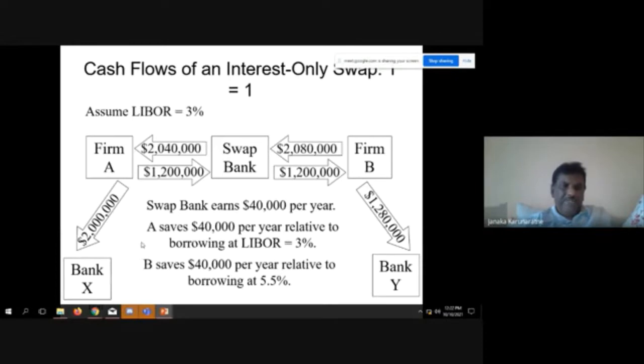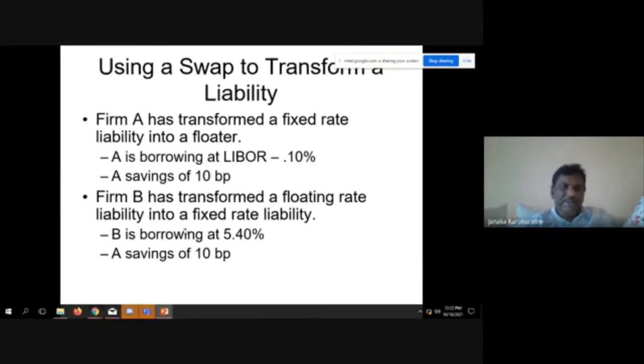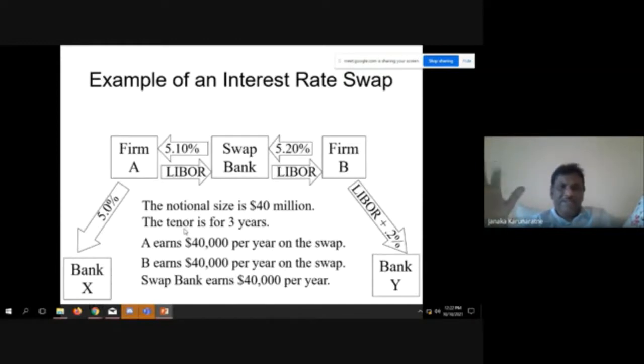Is that right? You have to go back. Pay 5% and receive LIBOR plus 0.1. Firm B pays Bank Y LIBOR plus 0.2%.